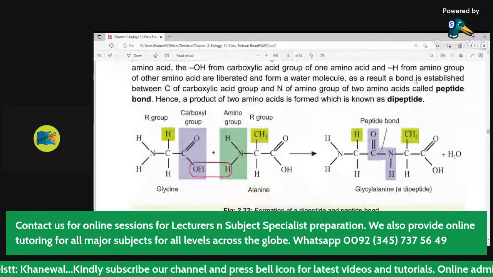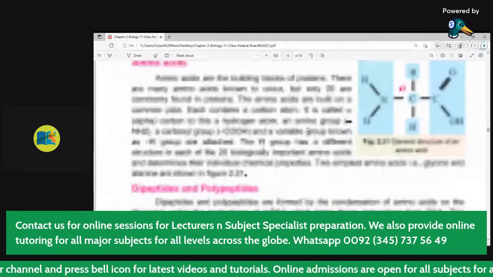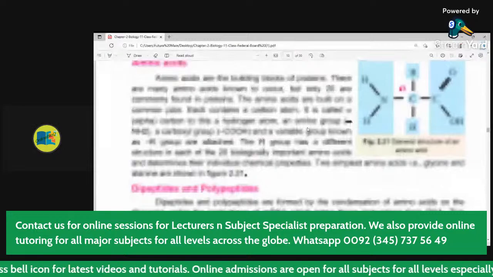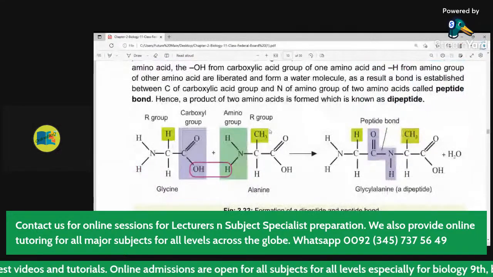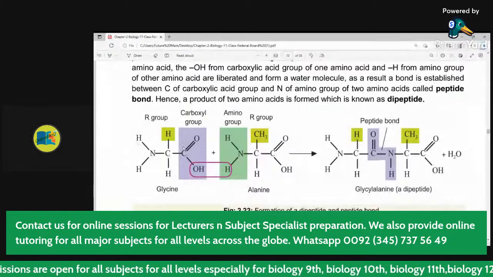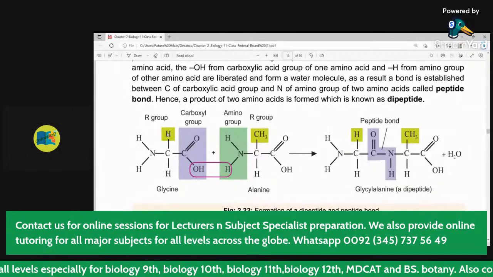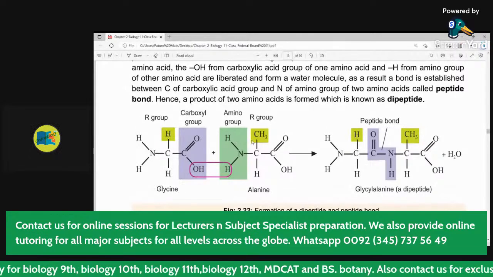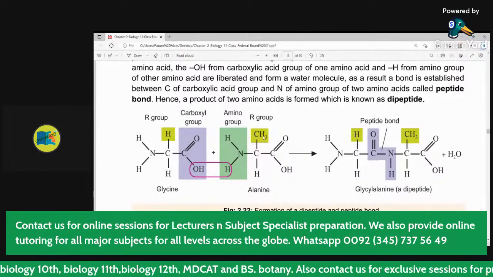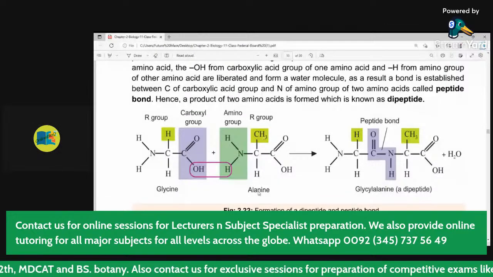Here we can see this is glycine. Again, alpha carbon, amino group, this is carboxyl group, this is hydrogen atom, and this is R group. This is glycine. And if this R group contains a methyl group, this is called alanine.